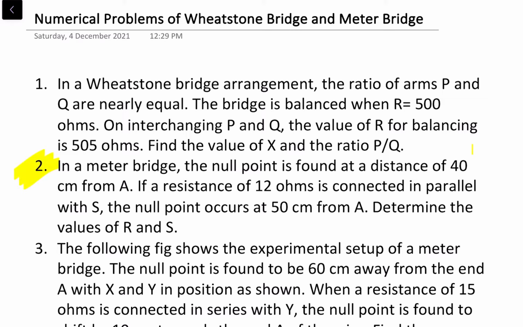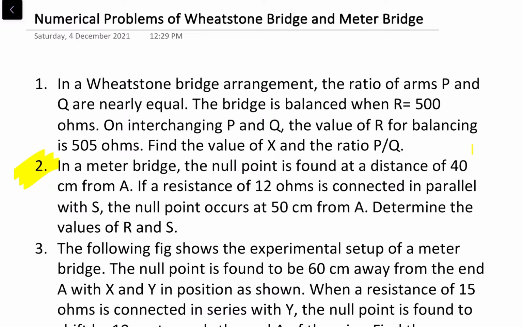In a meter bridge, the null point is found at a distance of 40 centimeters from A. If a resistance of 12 ohms is connected in parallel with S, the null point occurs at 50 centimeters from A. Determine the values of R and S. First time when the null point is found at 40 centimeters from A. Then after that, with the resistance S, another resistance 12 ohms is connected in parallel.